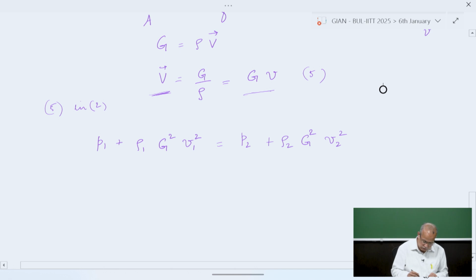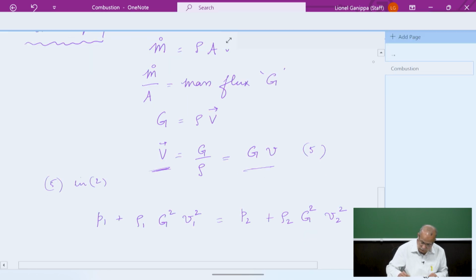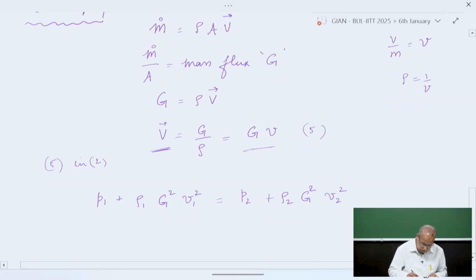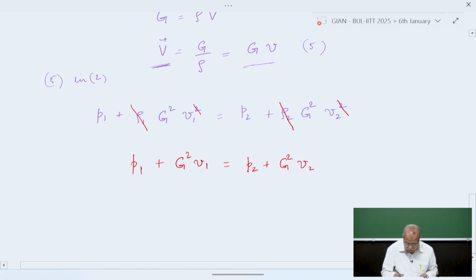So can I now rearrange this equation, or I can just say that I can simplify this? Can I not cancel one of the rho with one of the specific volumes? Yeah, so I can do that here. So I will have P1 plus G square V1 is equal to P2 plus G square V2.